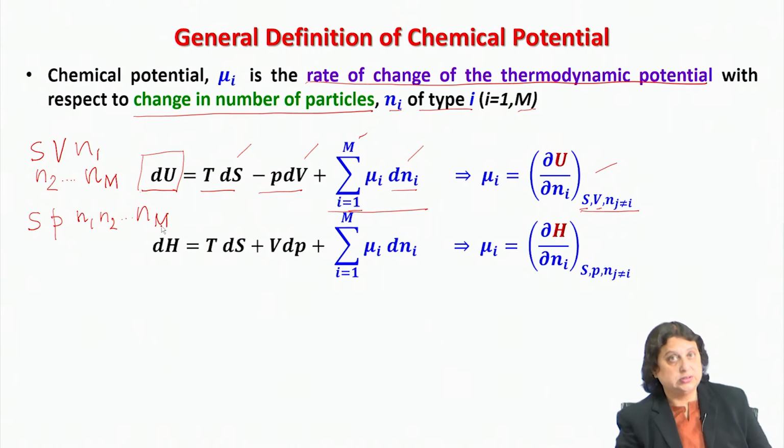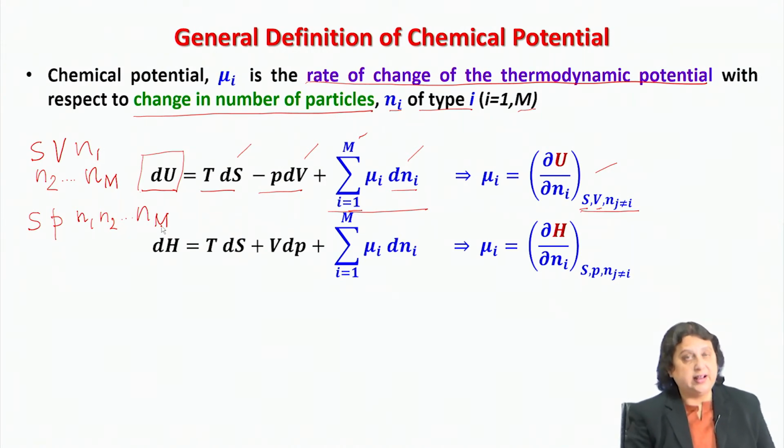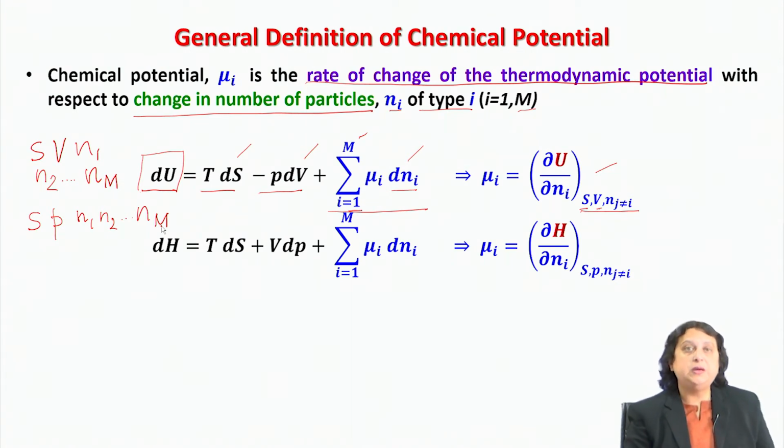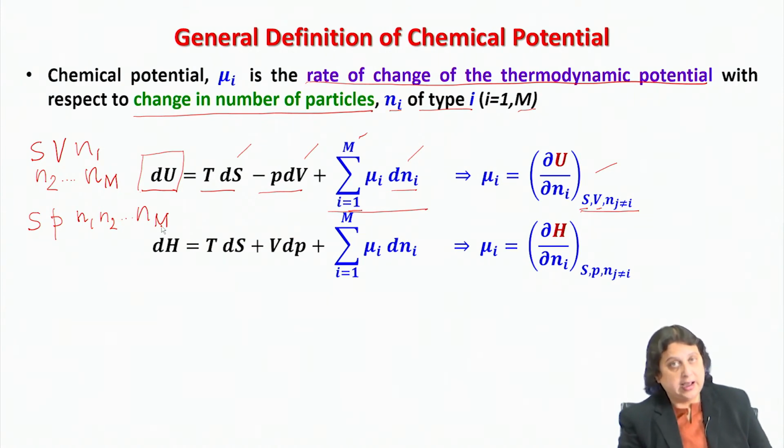If that is so, then I would say that changes in the values of S, P and the Nis will give me a corresponding change in the enthalpy value. So for the change S to S plus dS, P to P plus dP and Ni to Ni plus dNi, what would be the corresponding change in H?